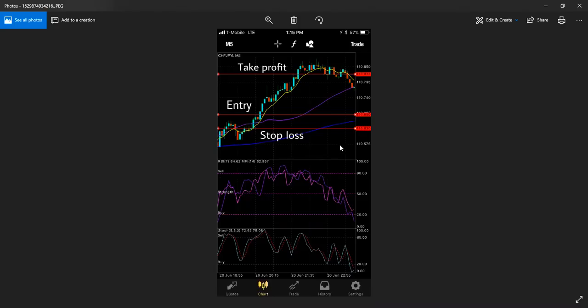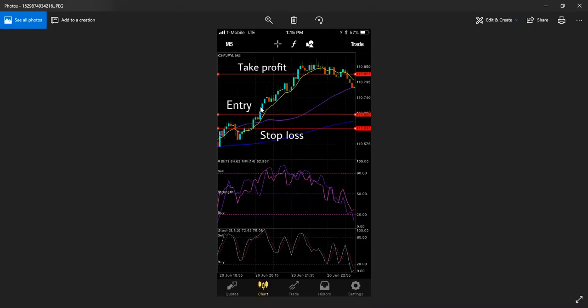On here, I use a 200 simple moving average, which is the blue line, my 50 simple moving average is the purple line, and my 8 exponential moving average is the yellow line, which hugs the price pattern very tightly, as you can see.